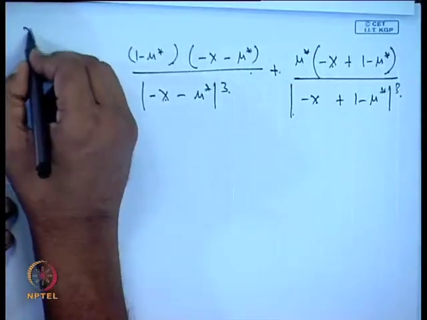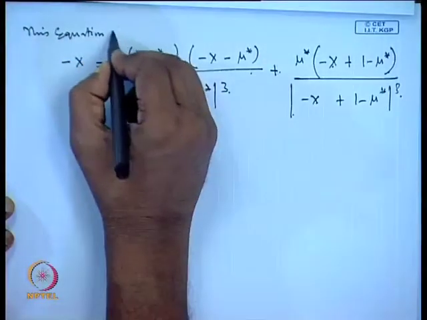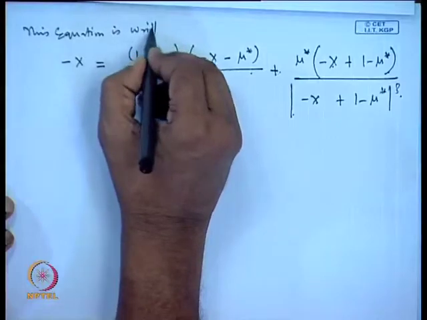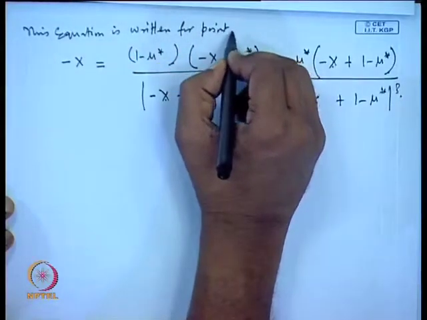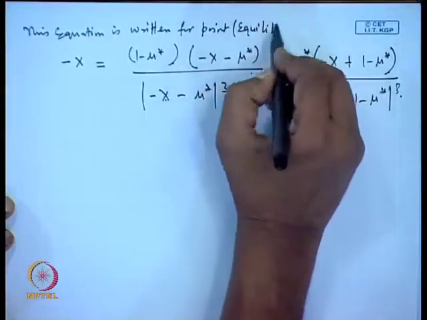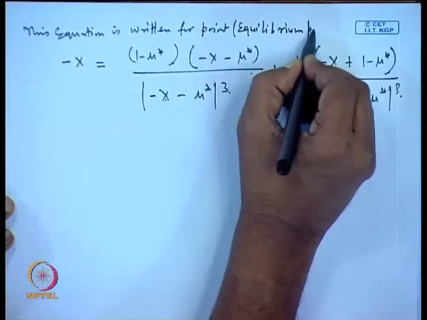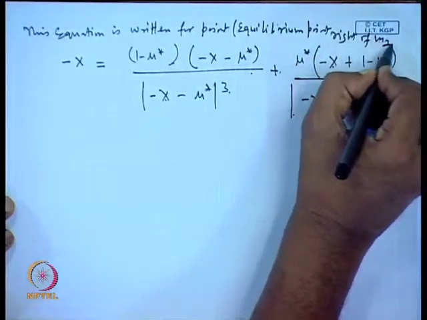So, this equation is written for the equilibrium point right of M 2.